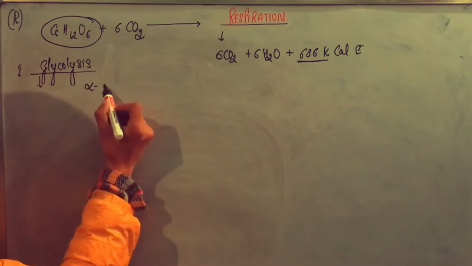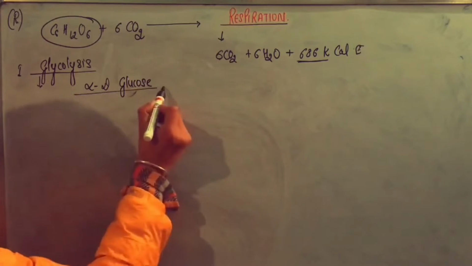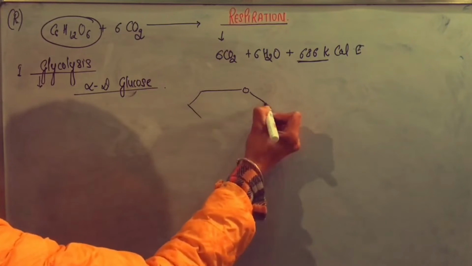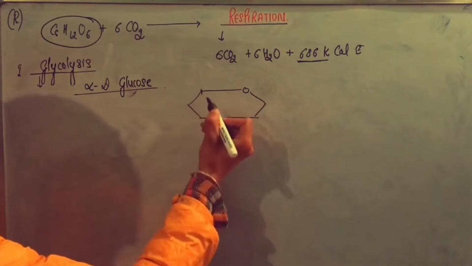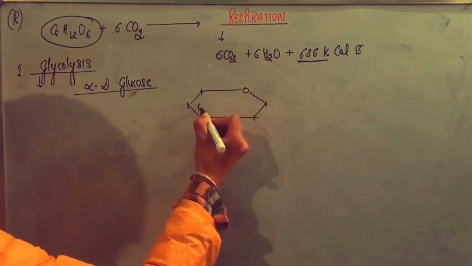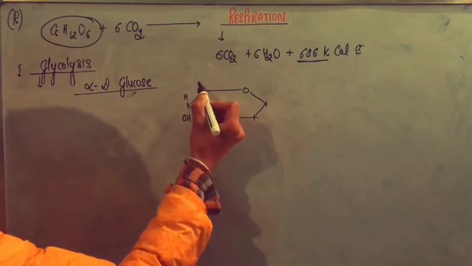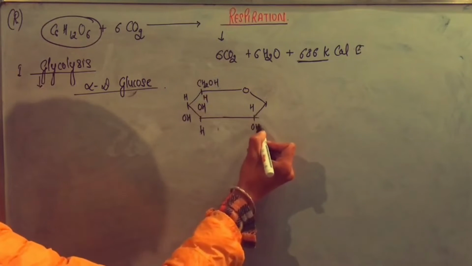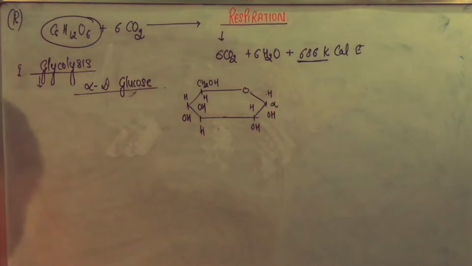So this is the structure of the alpha D glucose molecule, containing 6 carbon atoms, 12 hydrogen and 6 oxygen: OH, H, OH, H, H, CH2OH, H, OH, and on the alpha position H towards the upper side and OH on the lower side on the alpha carbon.